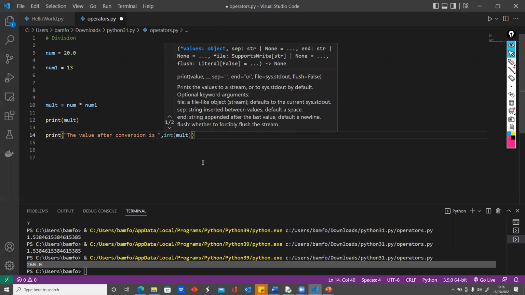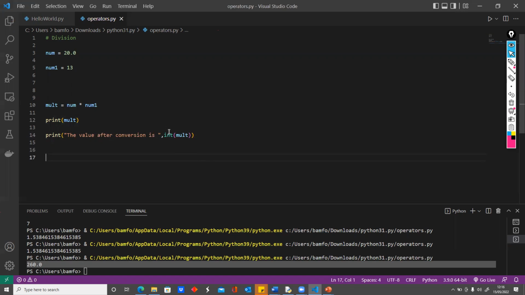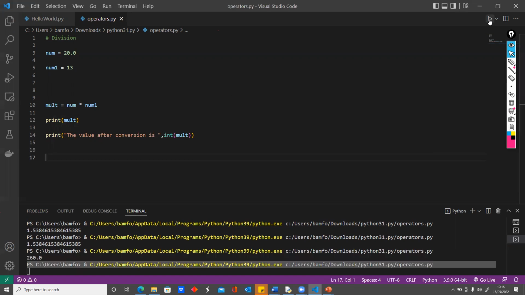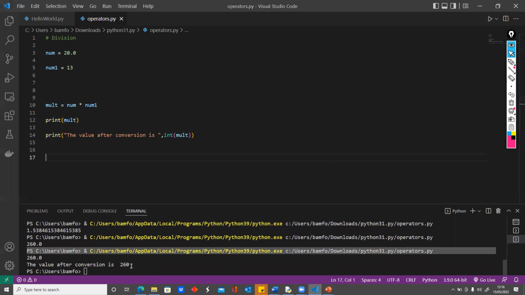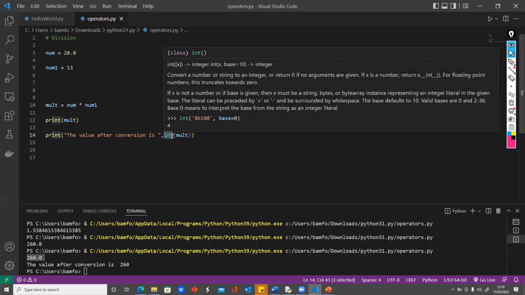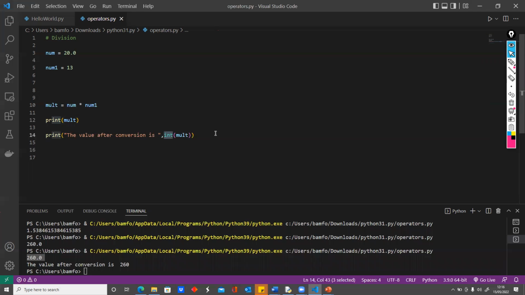All right, so let's say we want to maintain the integer value. So it's going to say the value after conversion is 260. The first one was just 260.0. Now, the reason why we had 260 was the fact that we were converting the value into an integer. And so that's what's happening.